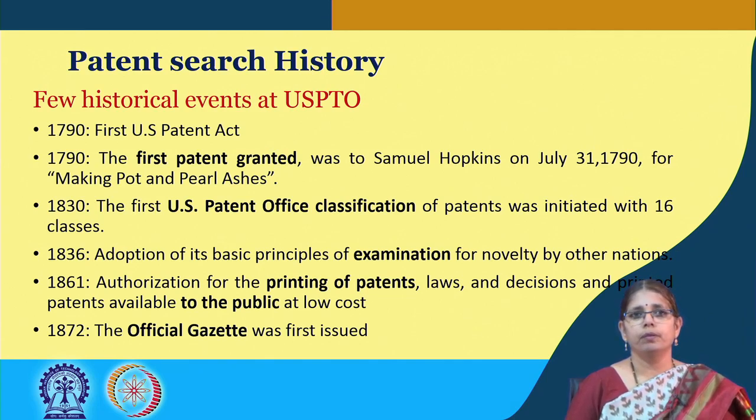And the issuing of the official gazette started at a much later time. So the development of the publication of patents itself is an important consideration when we come to search, because unless patents are published, there is no way one can search patents. So this gives you an insight into when the publication requirement came about and the way patents are published at different patent offices.